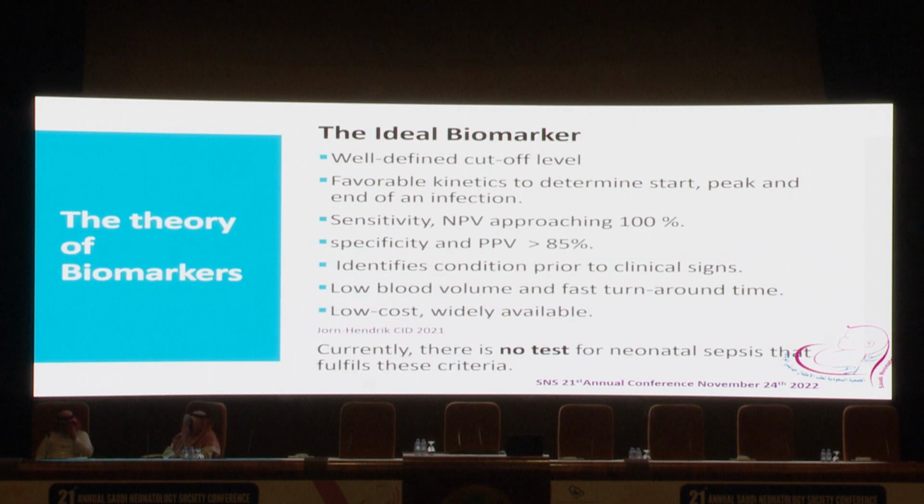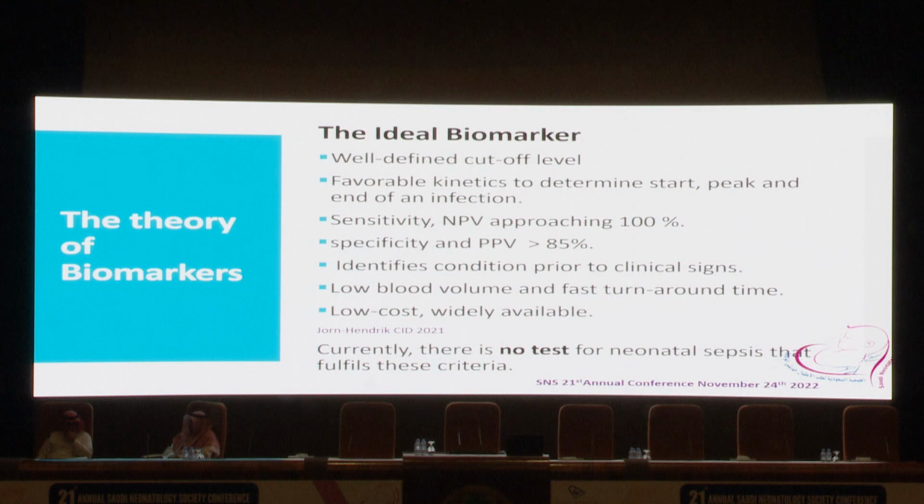And here, from Dr. John last year, he put forward the ideal biomarker. It could help us in the diagnosis or guide us in neonatal sepsis. In general, we have to have a well-defined cut-off level for this biomarker.